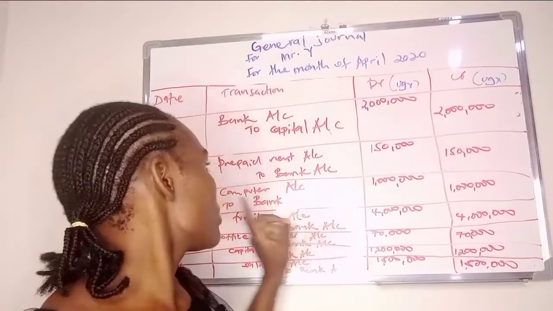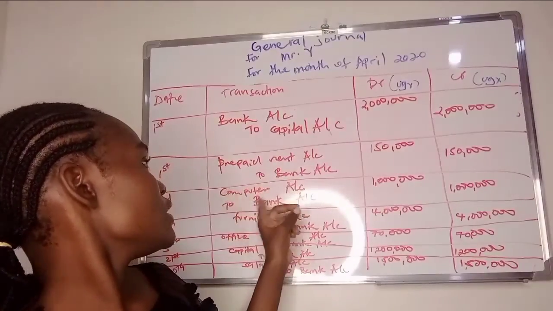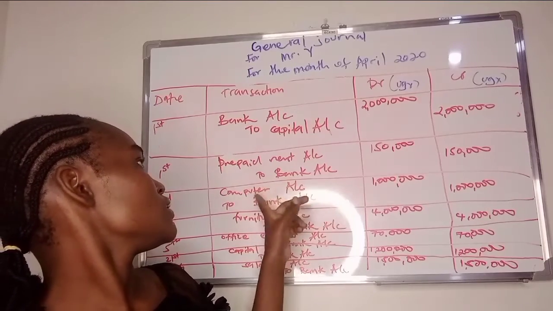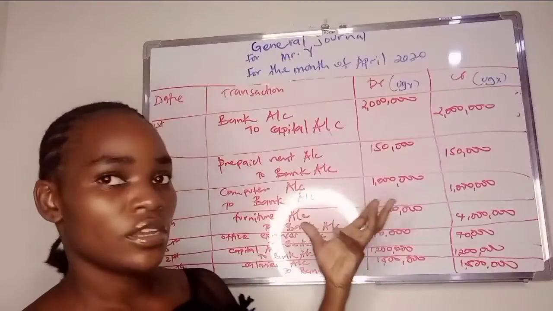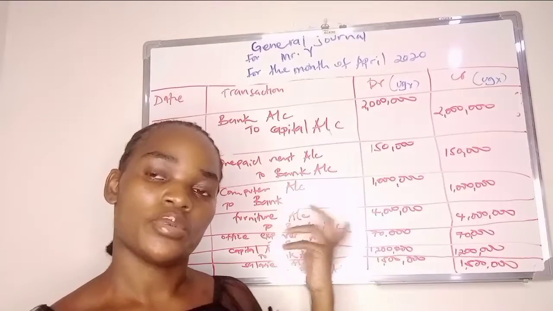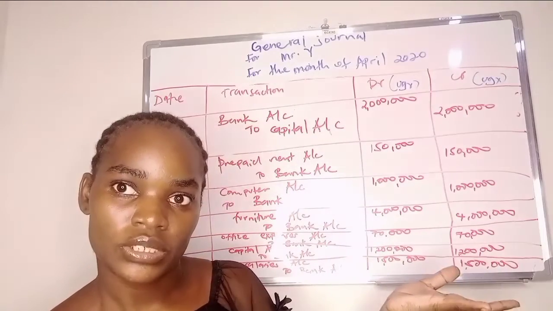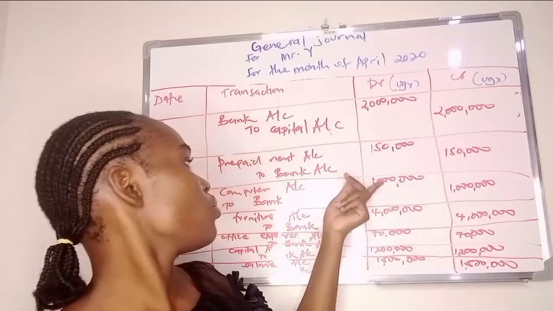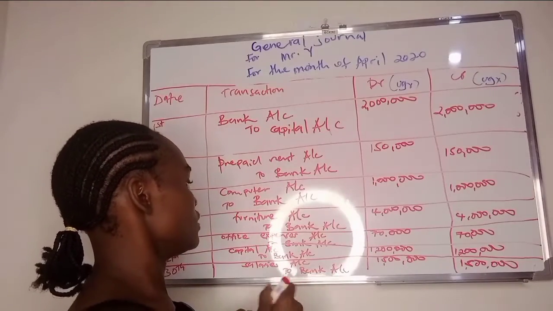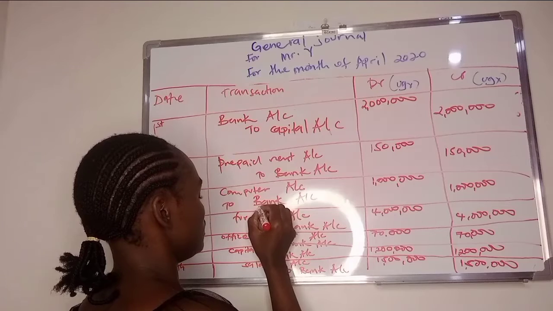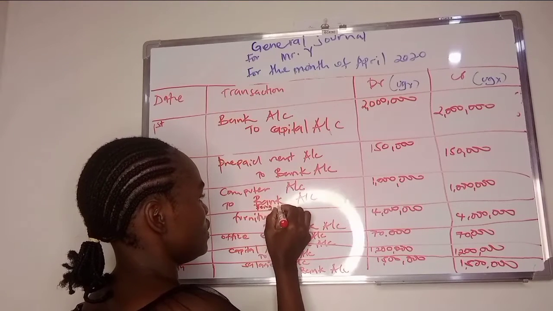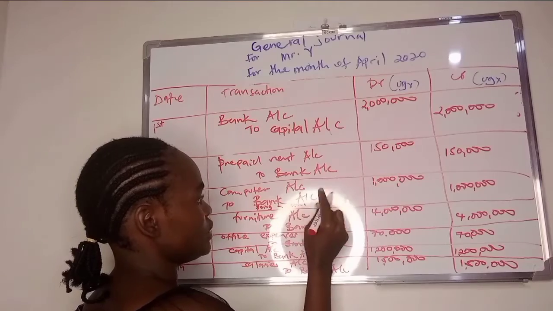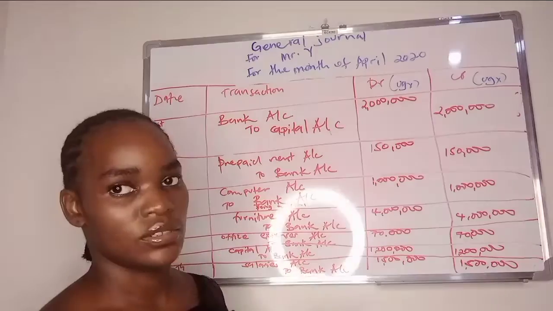For example, here, where they purchased a computer, you can write, being a computer equipment purchased at 1 million. You write it down here. Like after reading these transactions, you write being a computer purchased for such an amount.